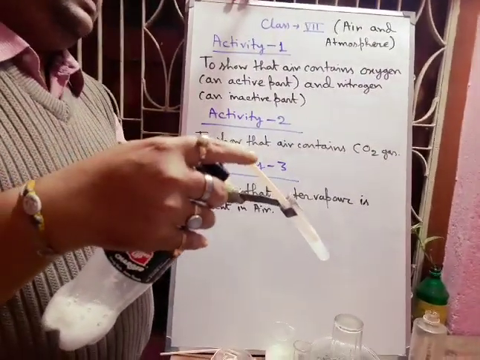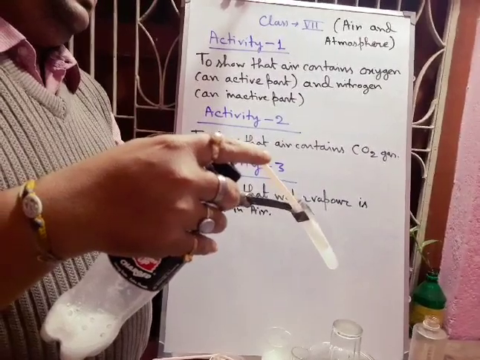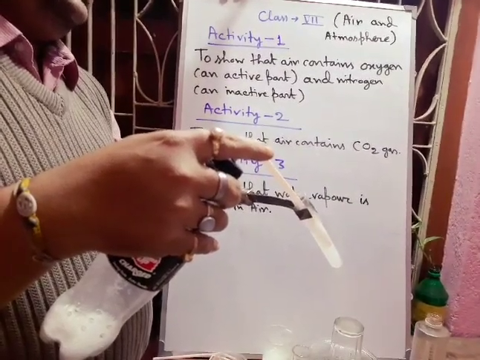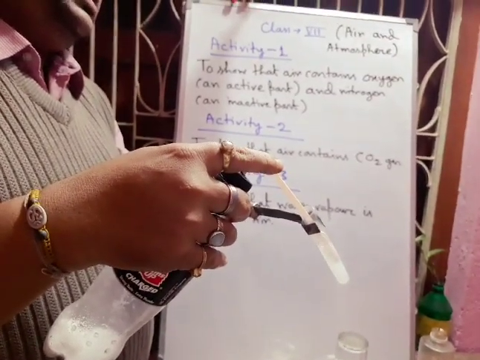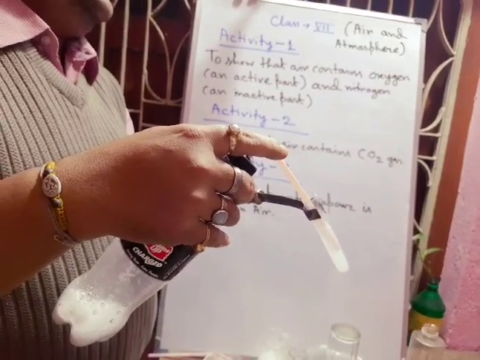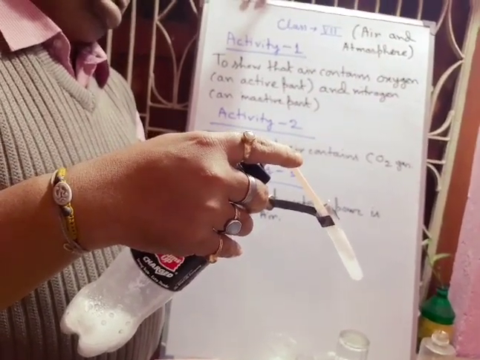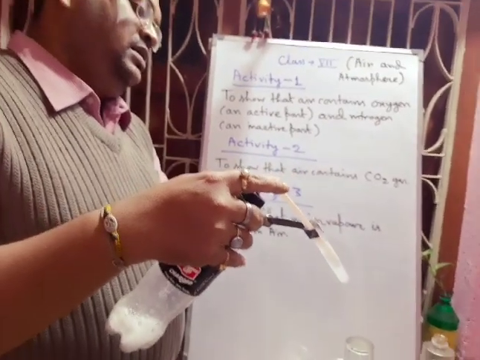If we pass this gas for a long time, then what will happen is, this original carbon dioxide gas we are passing, and the previous one was air carbon dioxide we passed to lime water. Now again you see what is happening. The turbidity goes, it is becoming clear.